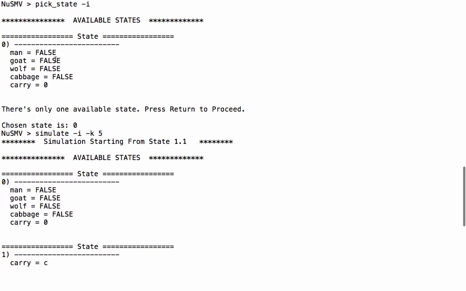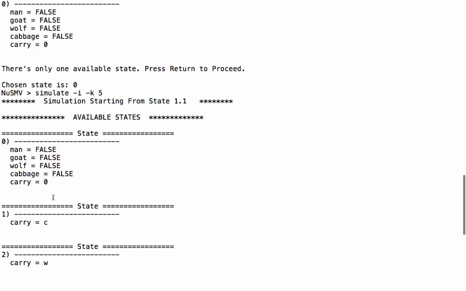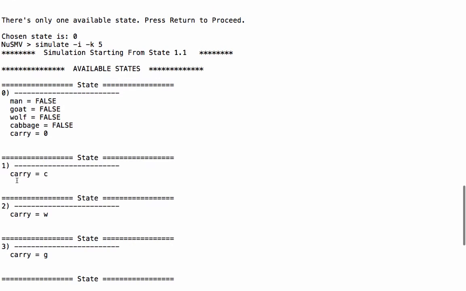So this was the initial state, and from this state you can either choose to stay in this state, or you can set the value of carry to be one of them, but still the man can choose to stay in that bank itself. So the other variables don't change.